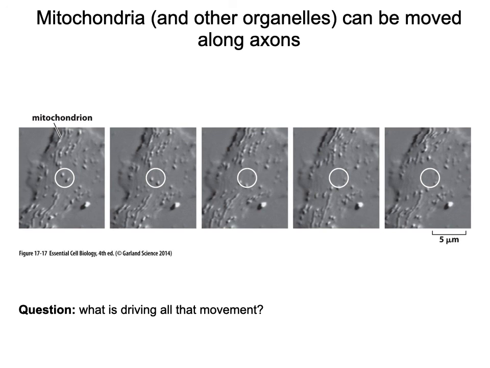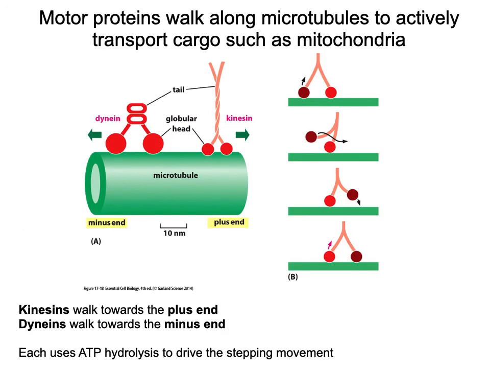So what is driving all this movement? It's going to be motor proteins. So these motor proteins have these globular heads, and the globular heads actually walk along the microtubule. In class, I'll share with you a video. I'll also post the link of the video.